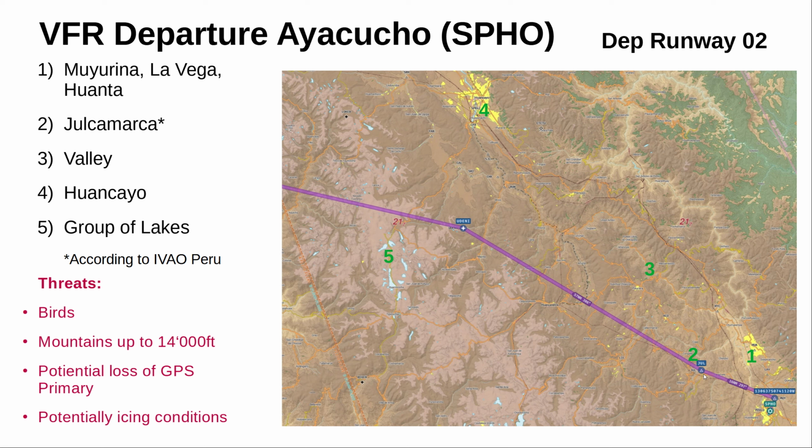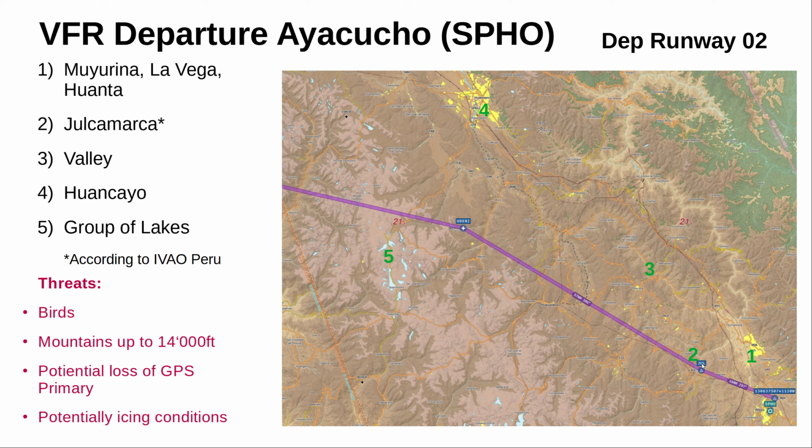Well, why did I choose Julcamarca? I mean, I have never been in Peru, but I found this information on the website of Aveo Peru, that you use Julcamarca as a reference point. And of course, this makes sense when you fly down this valley.